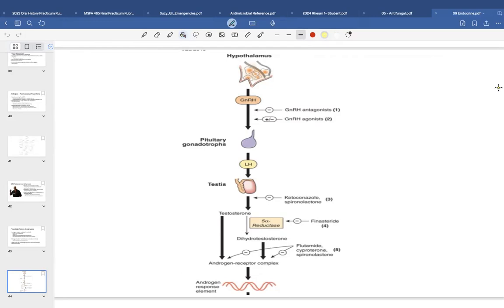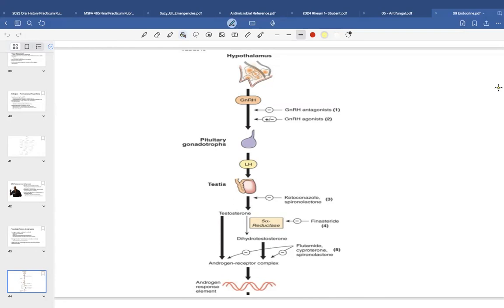Testes will produce testosterone, some of which is broken down to dihydrotestosterone, and some of that is aromatized via aromatase and converted to estrogens. But there are various steps in this process that can be affected, and a lot of these steps are targeted by drugs we talked about this year.